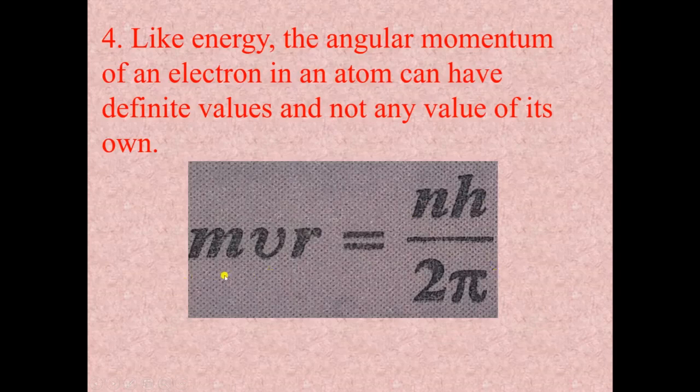Here angular momentum is mvr and n is an integer. So only those electrons are allowed to revolve around the nucleus in an orbit whose angular momentum is an integral multiple of h upon 2 pi. So this is the fourth postulate of Bohr's model.